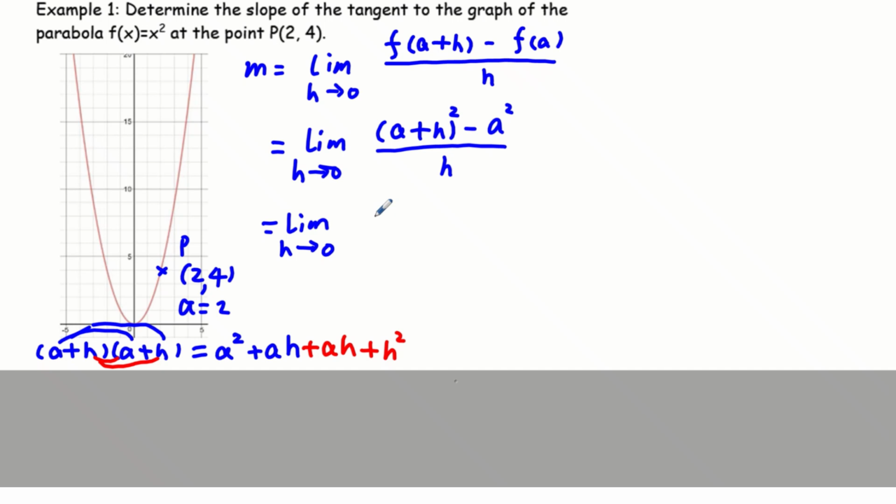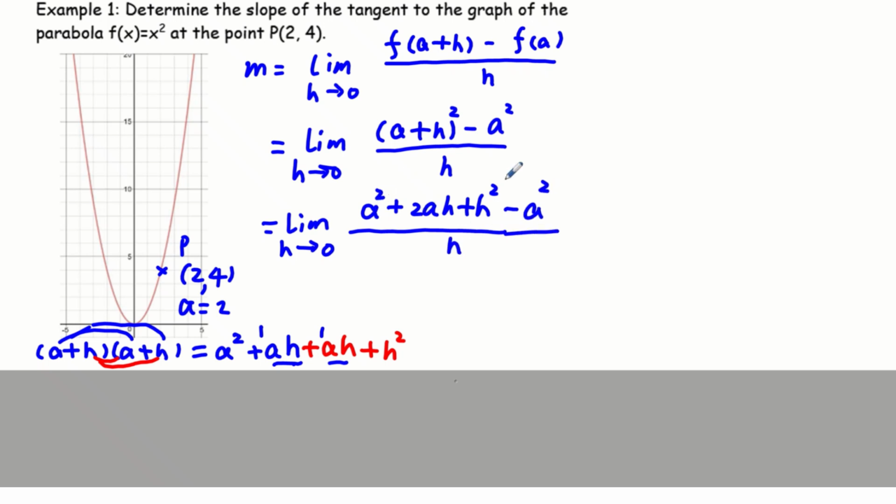Then we collect the like terms, same variable, same degree. So ah and ah, these two are like terms. For like terms, we just add the numbers at the front. No number is 1, so 1 plus 1 is 2. So (a plus h) squared gives you a squared plus 2ah plus h squared, then minus a squared, all over h.